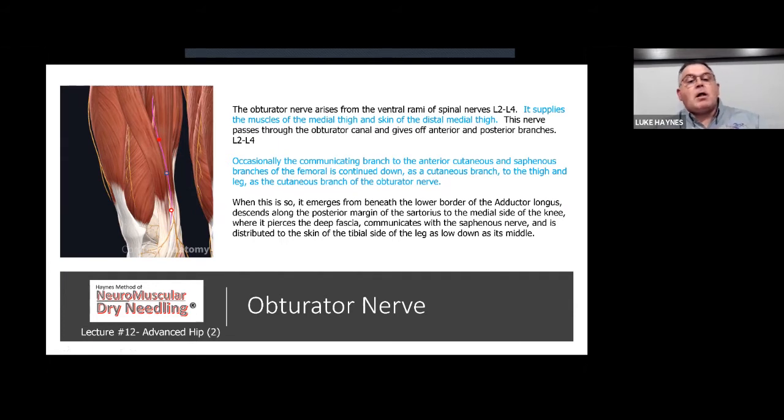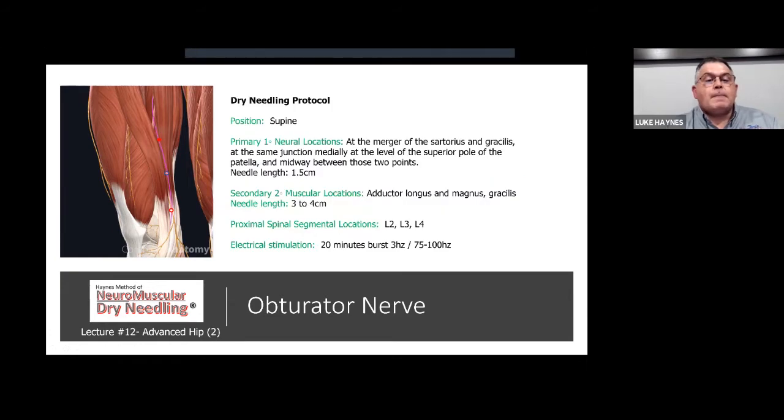It has a very small sensory piece more proximally. Then it merges with more of the sensory nerves further distally, communicating branch to the anterior cutaneous and the saphenous branches of the femoral. It continues down as cutaneous branch to the thigh and the leg as the cutaneous branch of the obturator nerve. So we'll look at that.